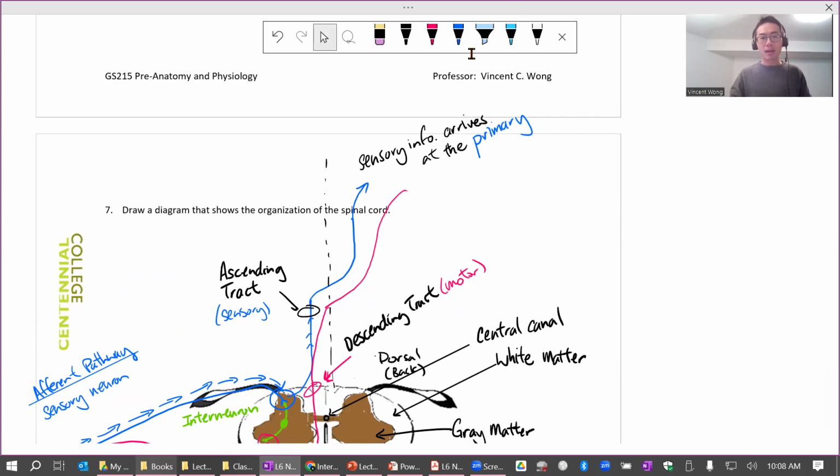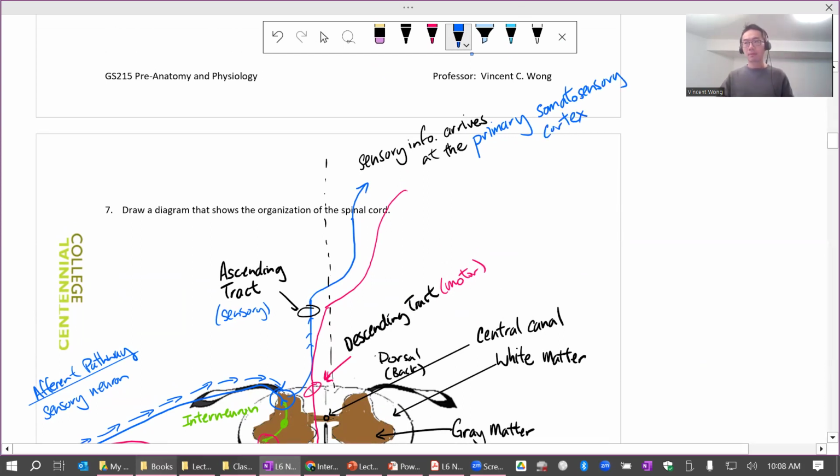So sensory information arrives at the primary somatosensory cortex, right? Which is behind the central sulcus. That's where you'll be able to process these sensations. Oh, it's hot. Oh, it hurts. Oh, it's sharp. So that's where the processing of information is going to happen.